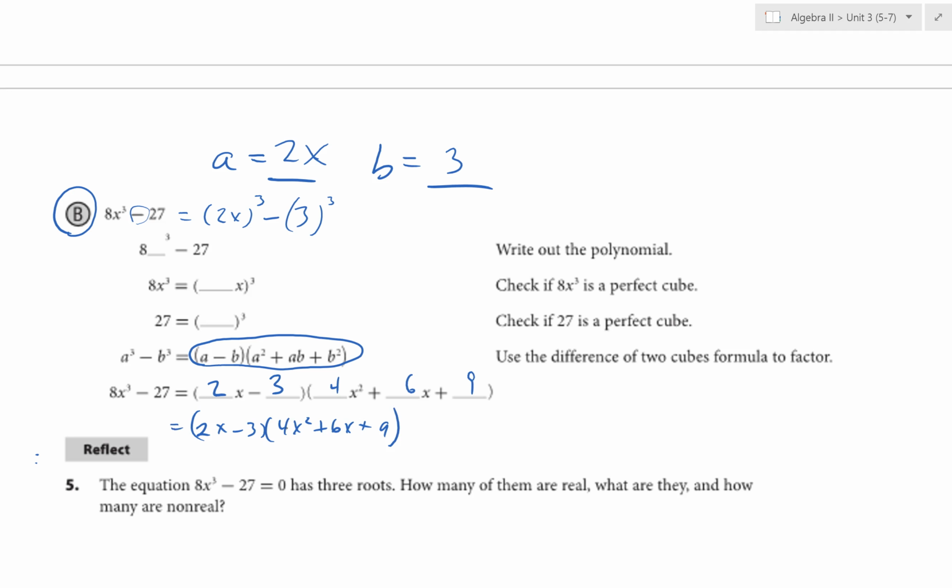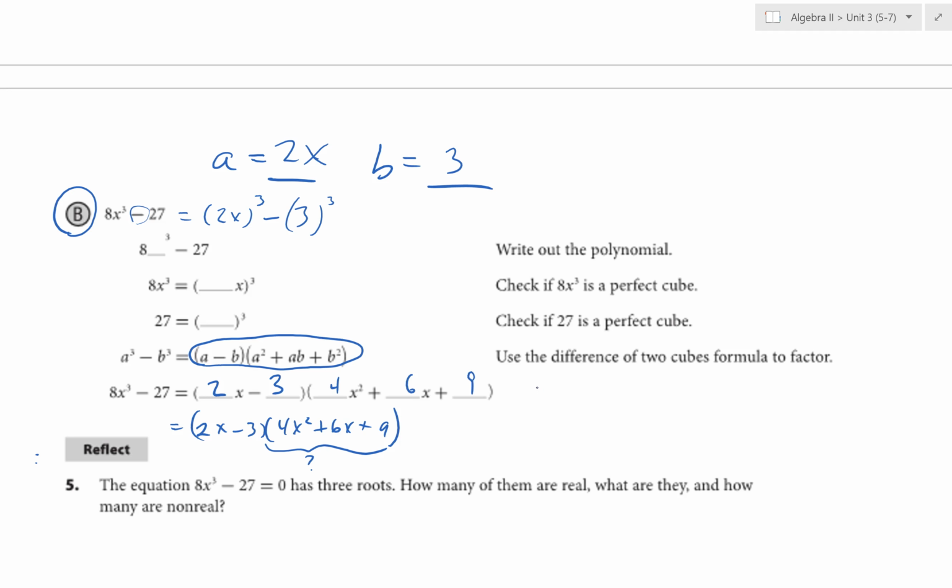Now you could always try to factor the remaining quadratic as well. Sometimes the remaining quadratic can be factored. So if I wanted to check this, can that be factored? Since it has fairly large numbers, I might want to just go straight to the quadratic formula.